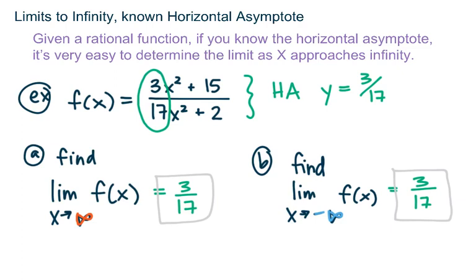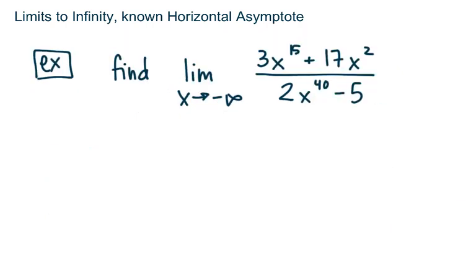Let's do one more example. So here we have the limit of a rational function. We have the limit as x approaches negative infinity of 3x to the 15th plus 17x squared divided by 2x to the 40th minus 5. Now, this is an entire rational function.